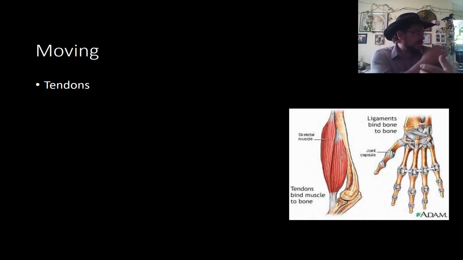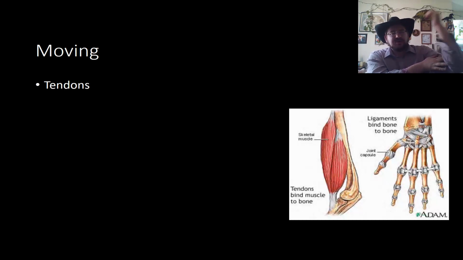So both where the muscle originates, there's a tendon attached to the bone that attaches to the muscle. And then where the muscle inserts, there's another tendon. The muscle attaches to the tendon, and then the tendon attaches to the bone. So when the muscle contracts, it pulls on the tendons and moves the joint.